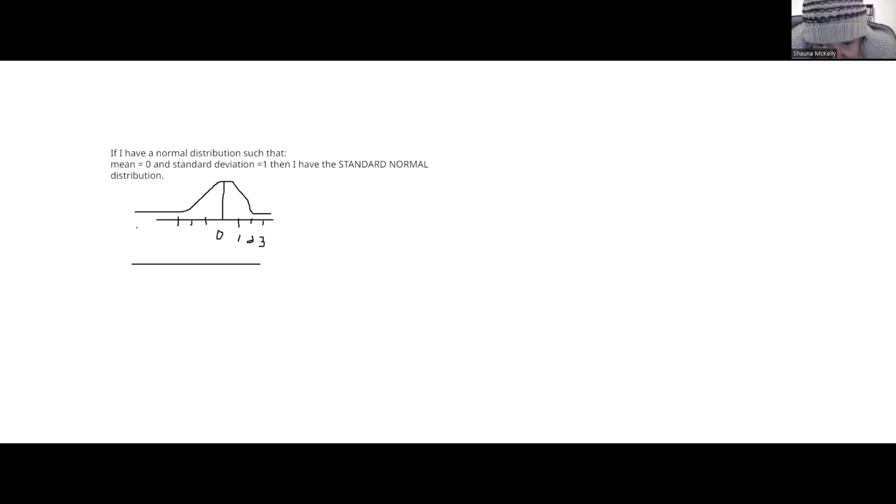If I had, like we had in one of the examples, here's a curve, and here's my middle section. This is a little better than the last curve I drew. Let's say that here, the mean is not 0.